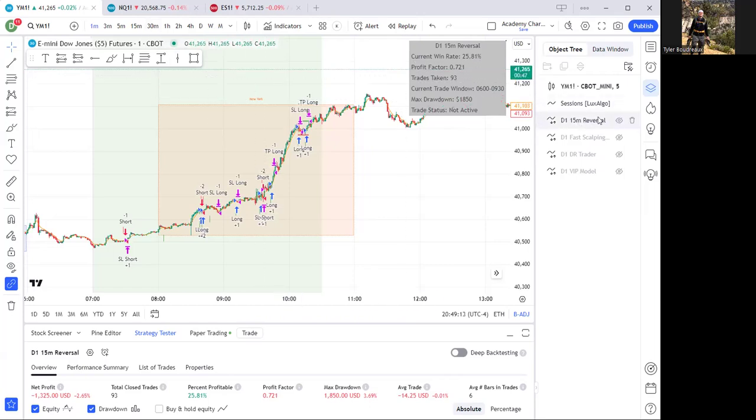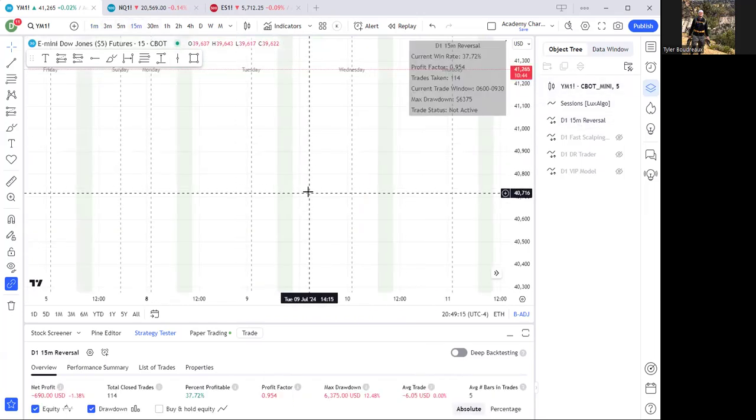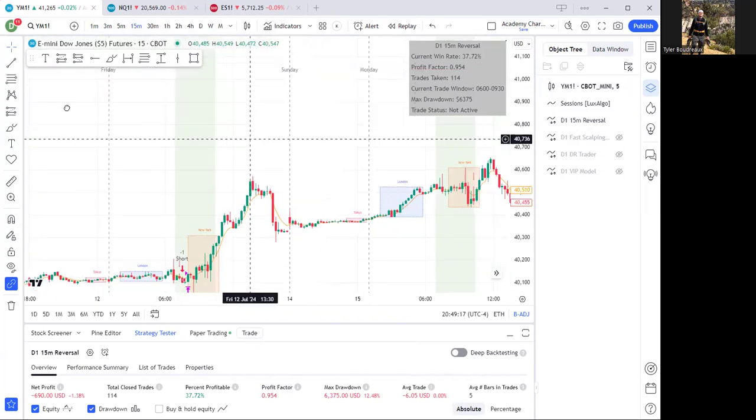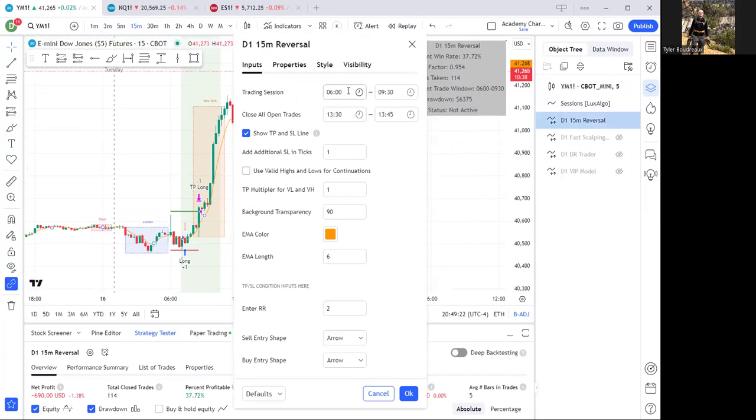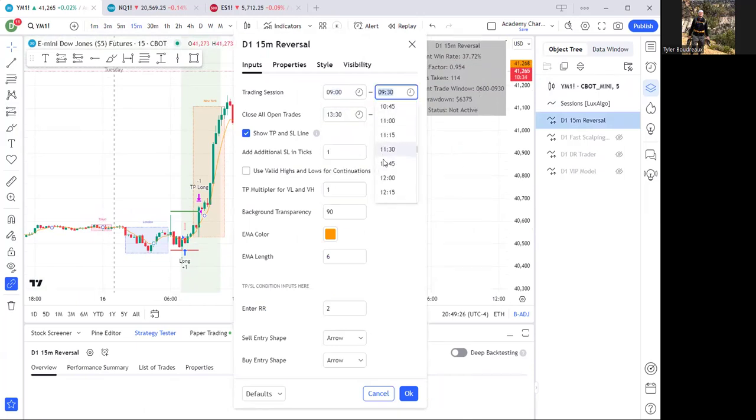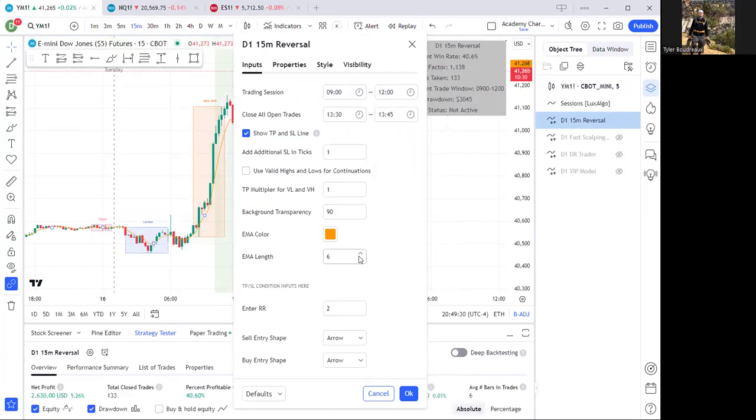This system is built for the 15-minute, so we're only going to shop for this one on the 15-minute. If we start looking at the numbers, let's go back to 9 to, let's try 9 to 12, and we start getting something better.